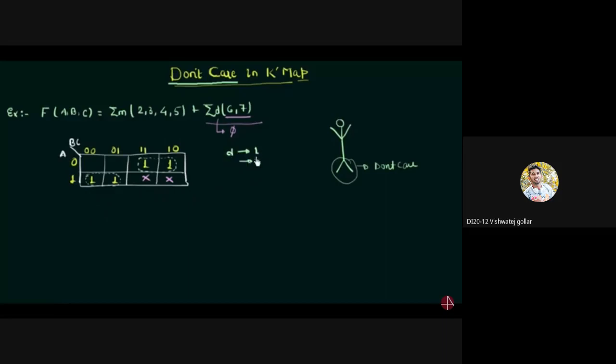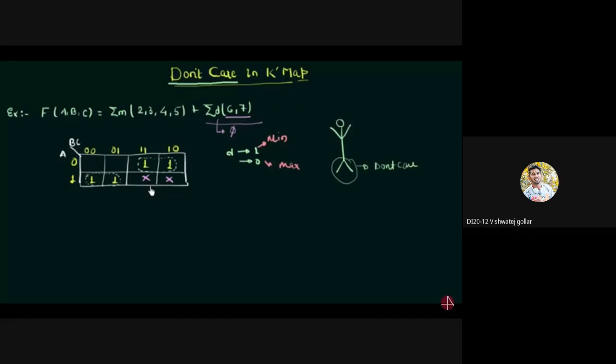We take it as 1 when we reduce the K-map using minterms, and we take it as 0 when we reduce the function using maxterms. Keep this in your mind. This is when you are operating with minterms, and this is when operating with maxterms. What we want out of the K-map is the greatest possible group of ones: 2, 4, 8, 16 and so on, the largest.